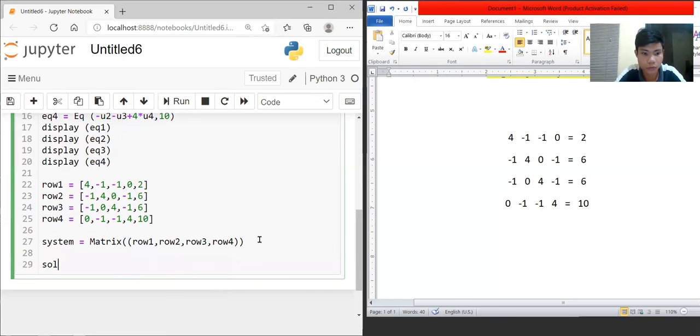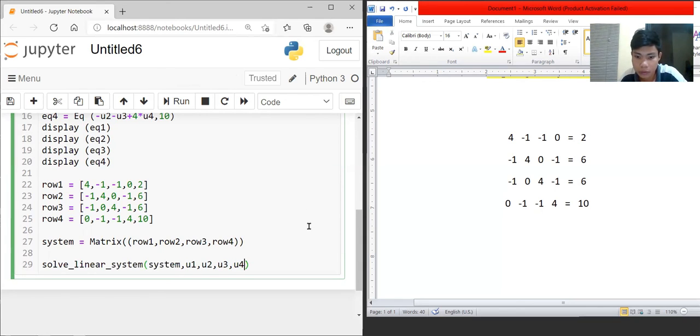Next is to solve for the linear system. So linear system, which is ang ating system din, at yung gusto nating mahanap na value, which is our four unknowns, U1, comma, U2, comma, U3, comma, U4.